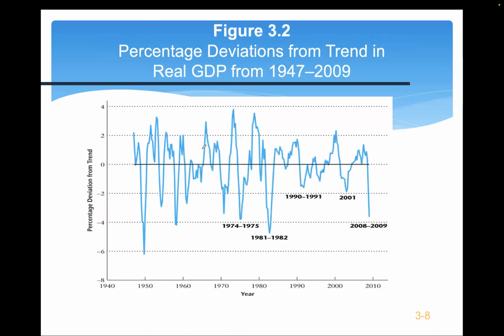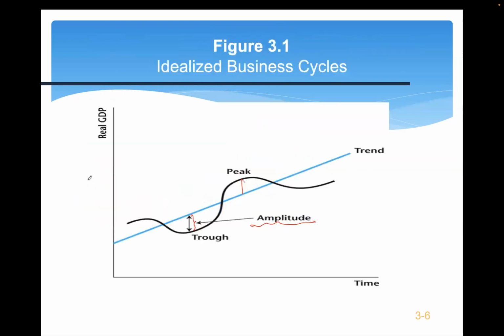Okay. So this is how the economy looks. On the horizontal axis is the year. On the vertical axis is the percentage deviation from the trend. What this means, let's just go back. Essentially, this difference is the percentage deviation from the trend. You may wonder, what is trend?